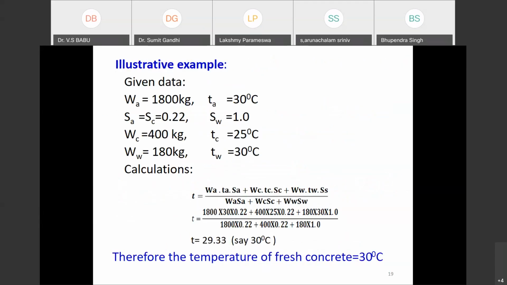For example, the weight of aggregate in a particular mix is 1800 kg, the specific heats are taken as standard values, and the weights of cement and water are given as per the data. Then I have calculated with the help of the above formula that my fresh concrete is dropping at a temperature of say 30 degrees centigrade. Like that, you can estimate the fresh concrete temperature very easily on site.